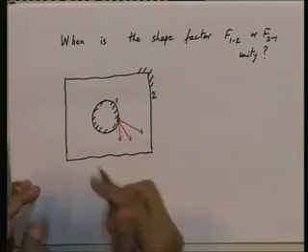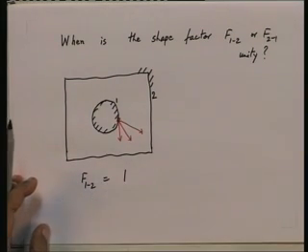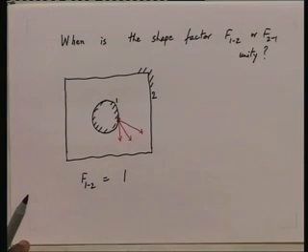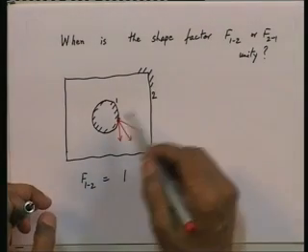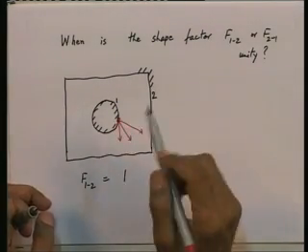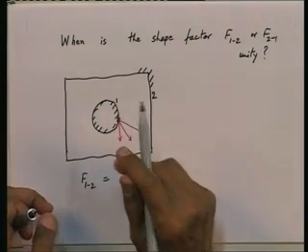Therefore, in this case f 1 to 2 is equal to 1. But mind you, just to illustrate, 2 surrounding 1 is not enough. No radiation from 1 should go back to 1 itself.